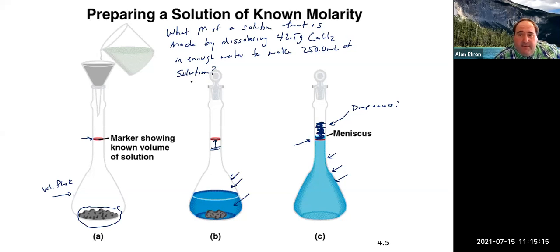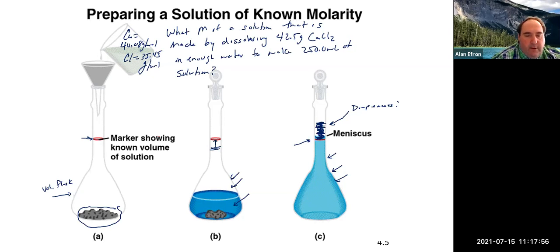All right, so take a couple minutes here and see what you come up with. Calcium is 40.08, chlorine is 35.45 grams per mole. All right, take a minute to see what you come up with.